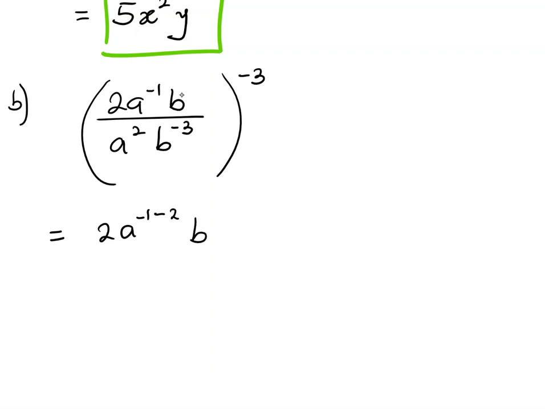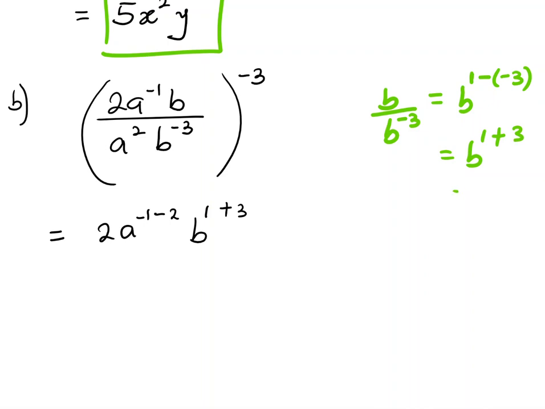And b, which is to power of 1, then b to the -3, it becomes +3 when it comes up. Or you use the rule when you are dividing, b divided by b raised to power -3 is b raised to power 1, then you subtract the exponent, so -3. So that is b raised to power 1, minus times minus is +3. So that is b raised to power of 4.